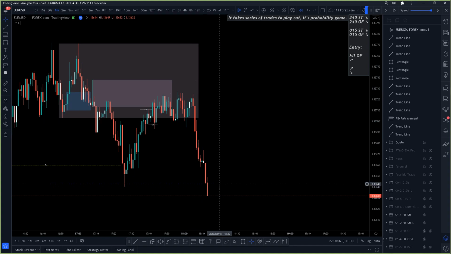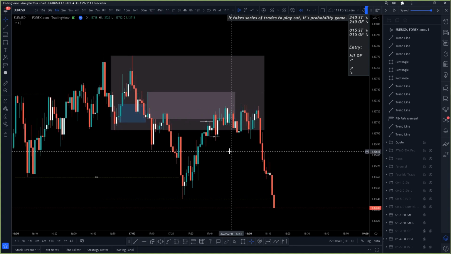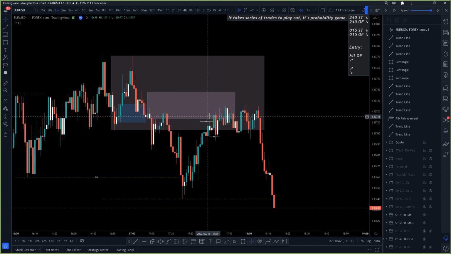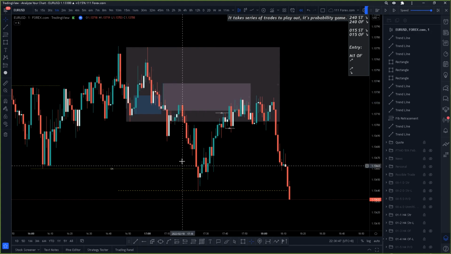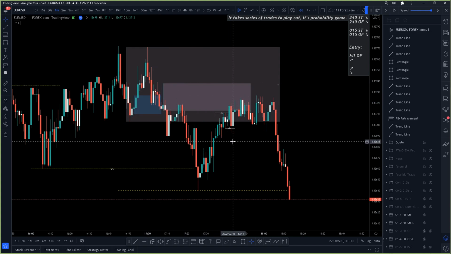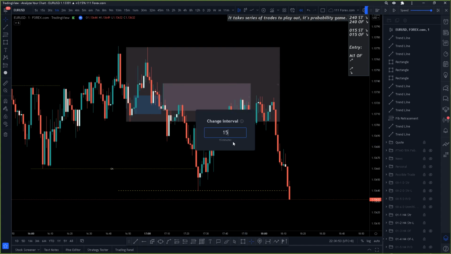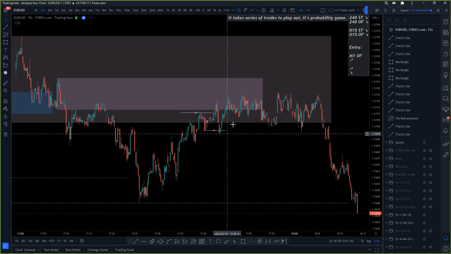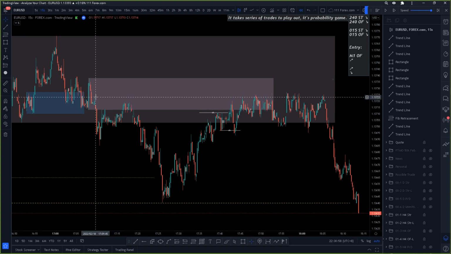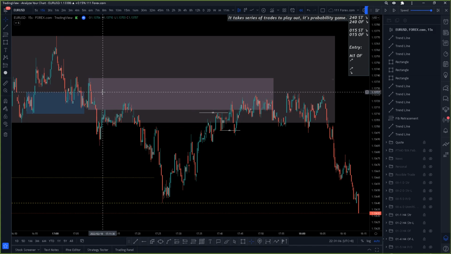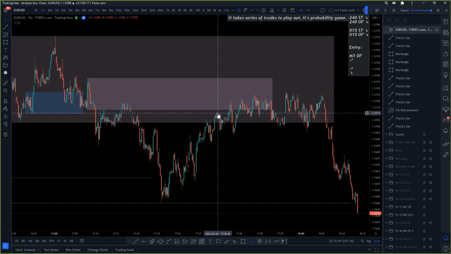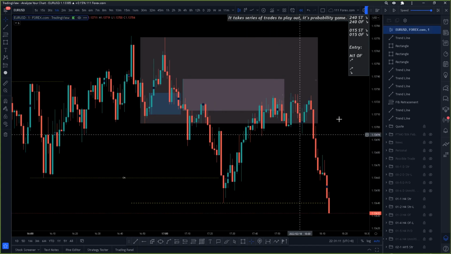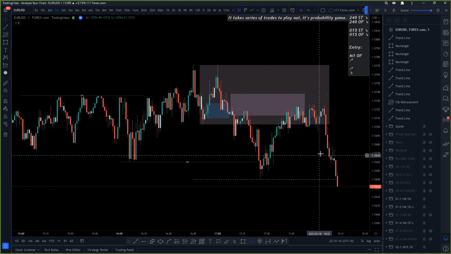Yeah, inside was like this, but tap, buy to sell, break the structure. This taps into this buy to sell wick, and here, yeah, never a good one to catch.